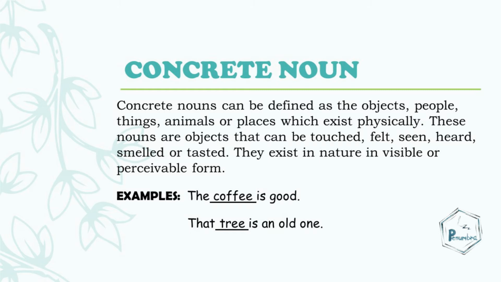Usually they are quite perceivable in nature. Like in the examples you can see, the coffee is good. Coffee is the concrete noun here. The next one is more clear. That tree is an old one. So the tree, you can see it, you can touch it, you can feel the tree. So it is the concrete noun in this sentence.